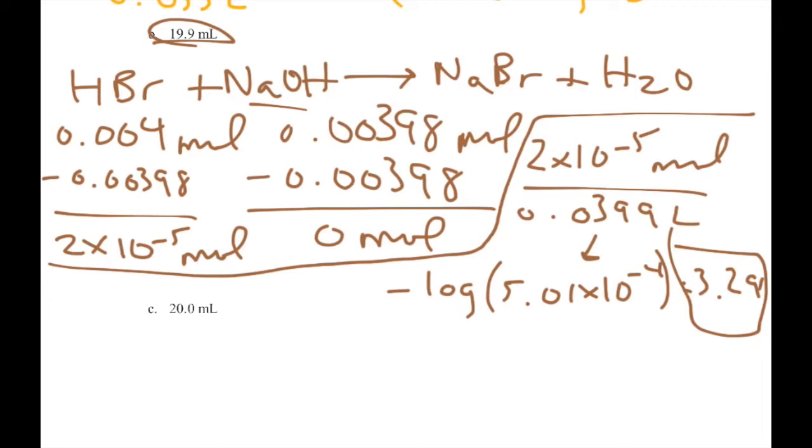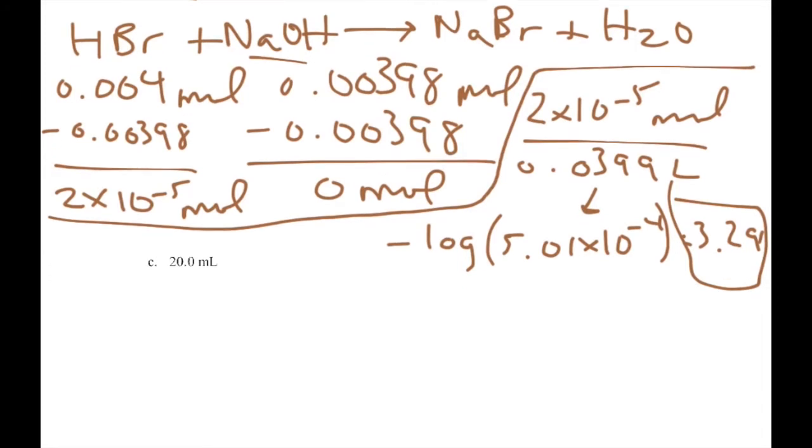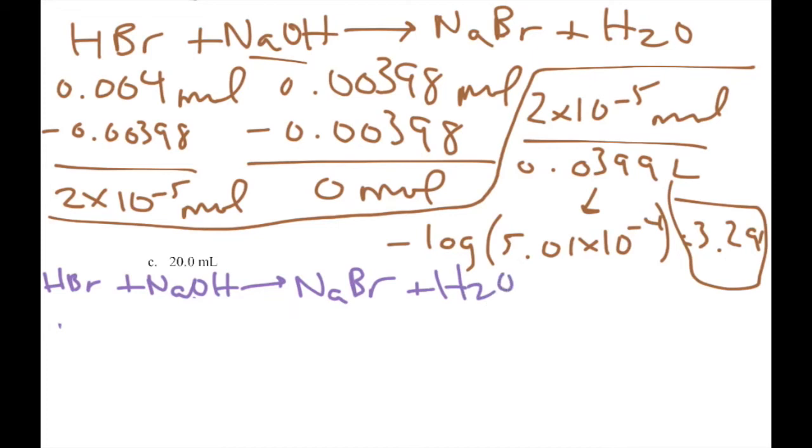Okay. So let's go ahead and set the problem up just like we've been doing. So again, we'll have our HBr plus NaOH gives us NaBr and water. Again, we start with our 0.004.